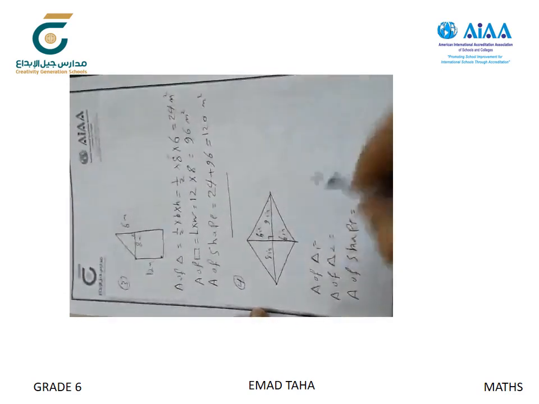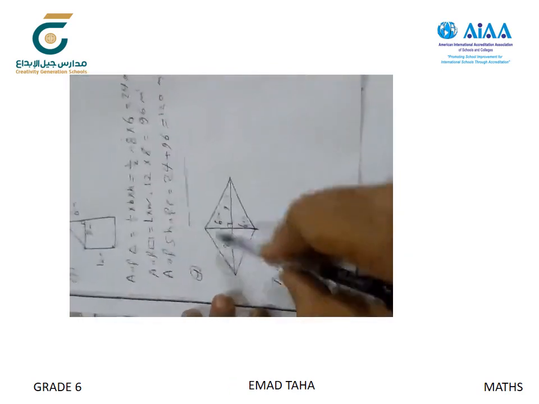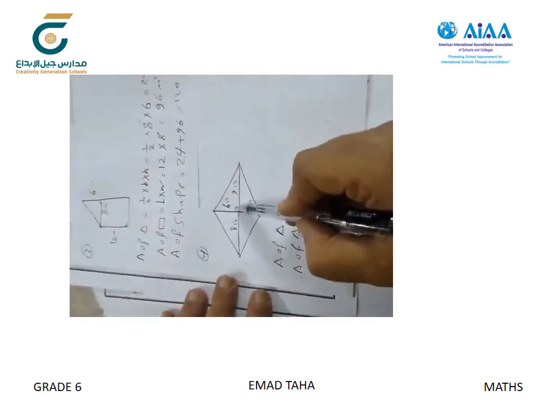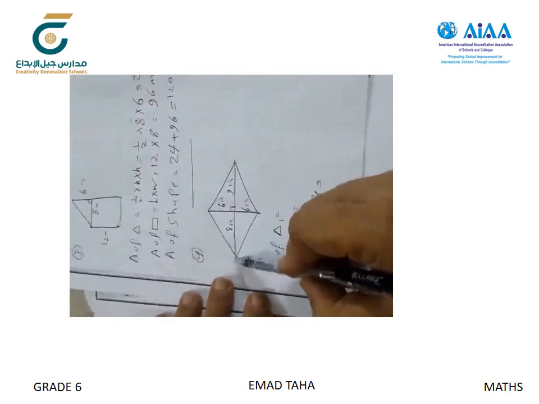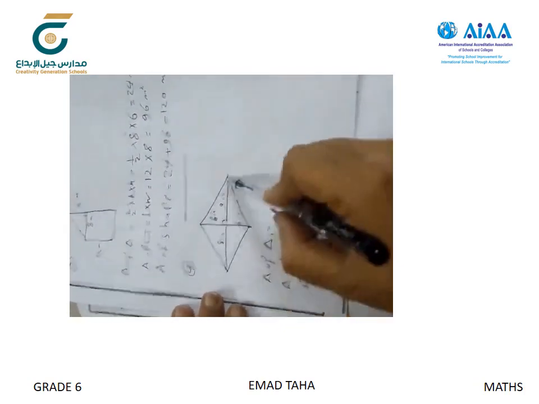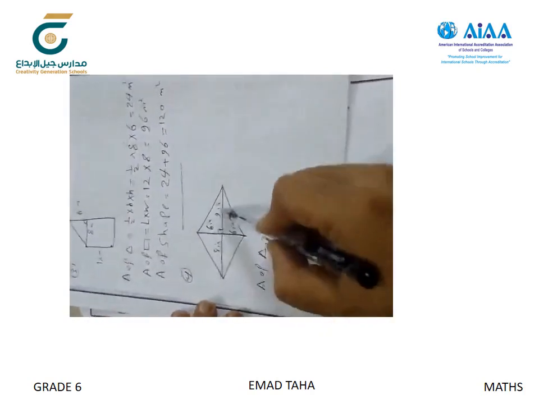Number 4. We have two big triangles. The first one, its height is 6 and its base is 9 and 8, or 17. Yes, 17. Why? Because the big triangle's base is the total of 8 and 9.